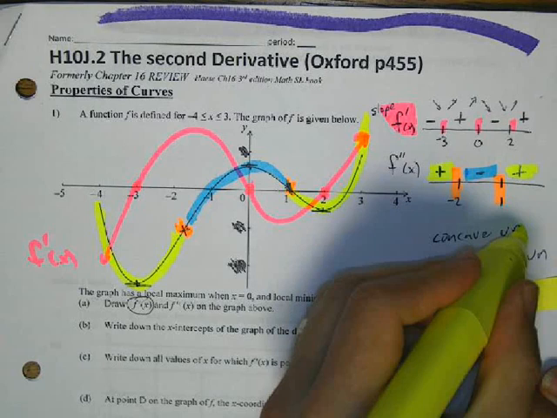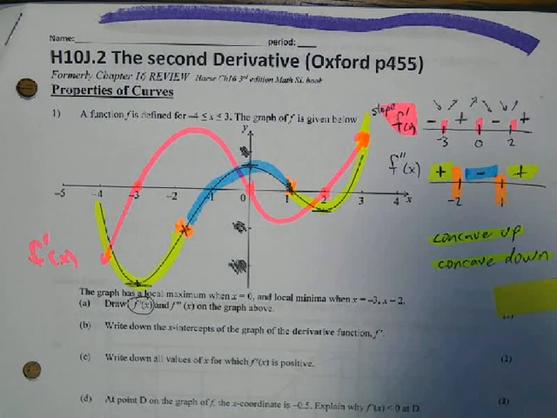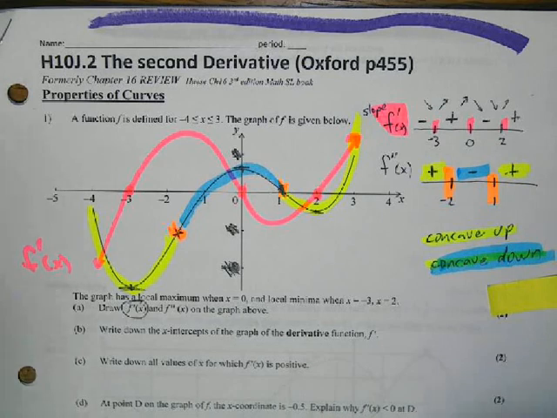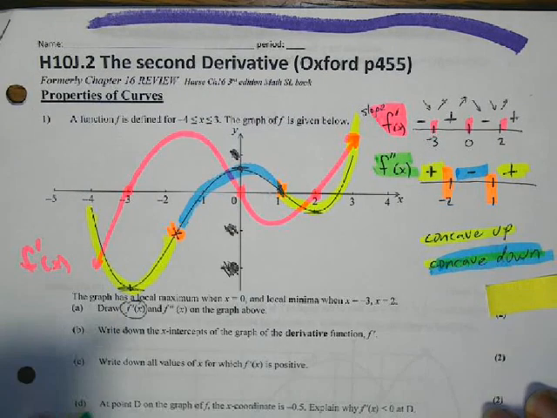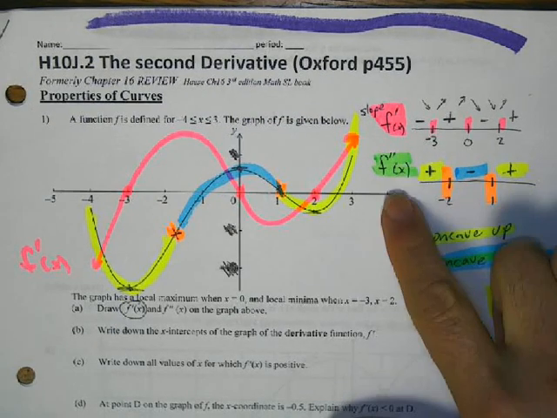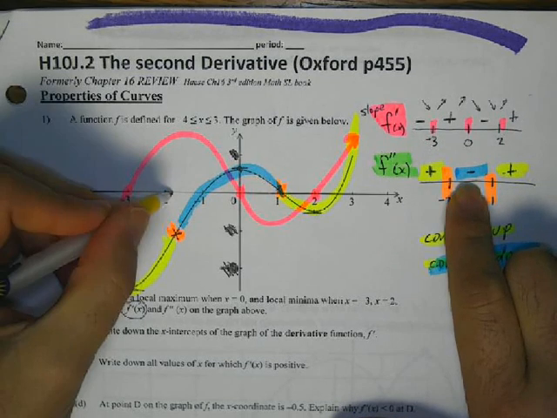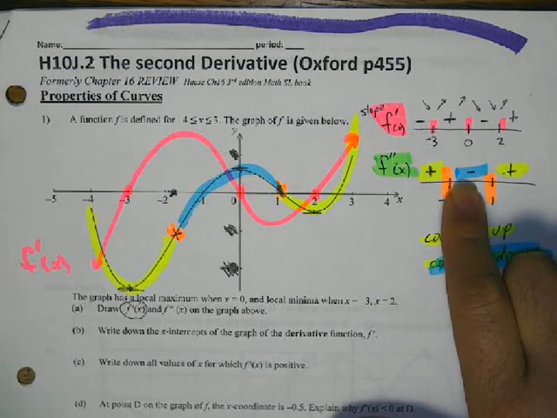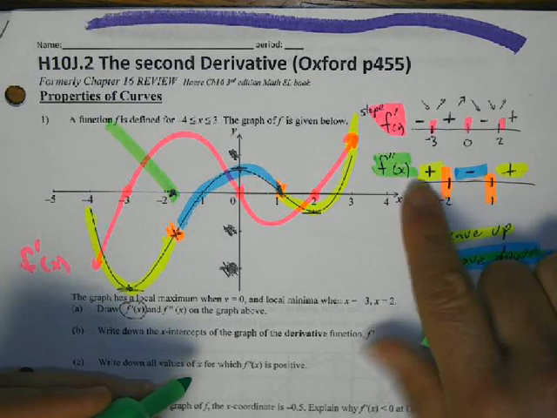So now let's make a graph of the second derivative. Oh shoot! Concave down is supposed to be blue. Sorry. Okay, so now I'm going to make a graph of the second derivative in green. The second derivative goes from positive to negative at -2. So at this point, the second derivative is positive.